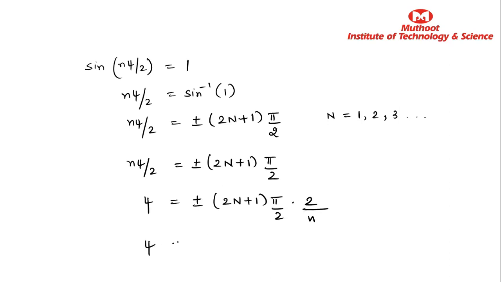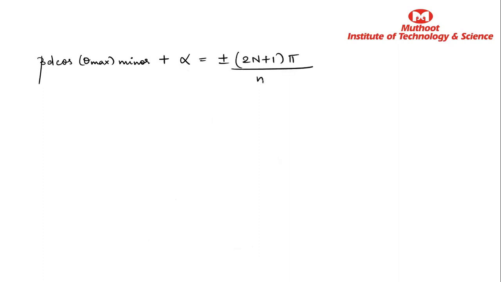So what is psi equal to? Plus or minus 2N plus 1 of pi upon small n, right? Now I'm just putting everything back into what is the psi. Psi, if you remember, is beta d cos of theta plus alpha. So I'm going to put that back. So this will become beta d cos of theta max, for the minor lobe, plus alpha is equal to plus or minus 2N plus 1 pi upon n.